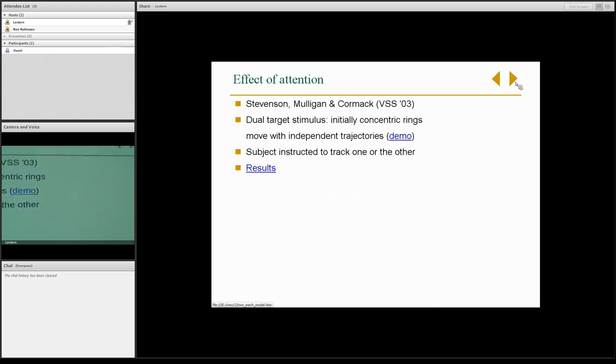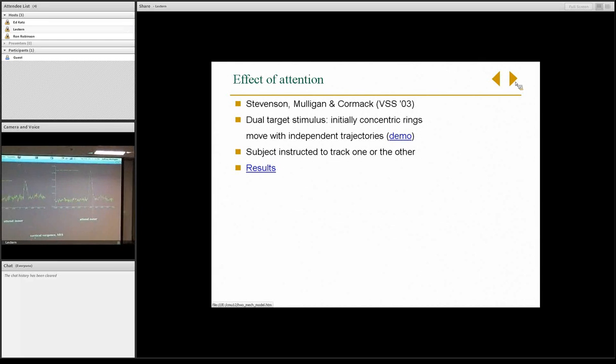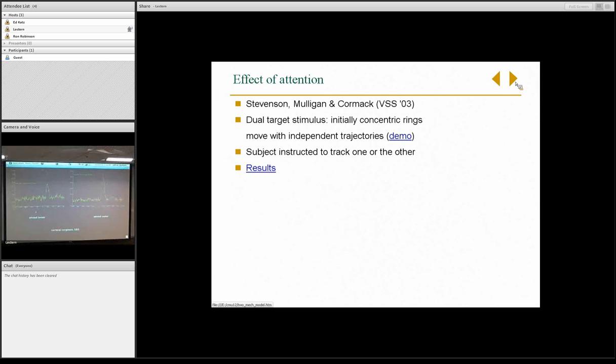So now we're going to look at the results, and these are a little dark, but these are, again, the correlograms, and we're looking at vertical vergence first here, and we've got two conditions. On the left is where we attend to the inner ring, on the right attend to the outer ring, and the red curve is the response to the inner ring, and the green curve is the response to the outer ring.